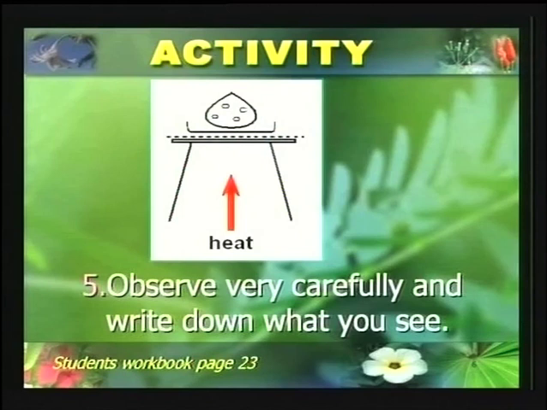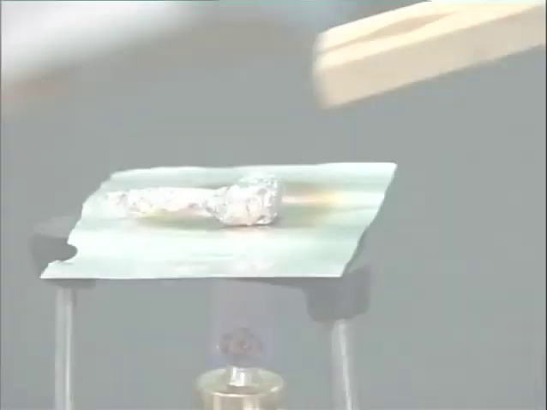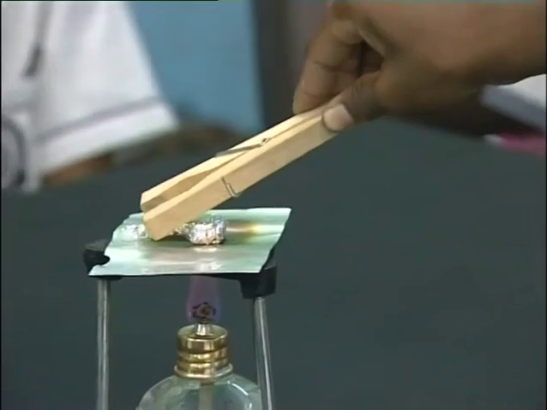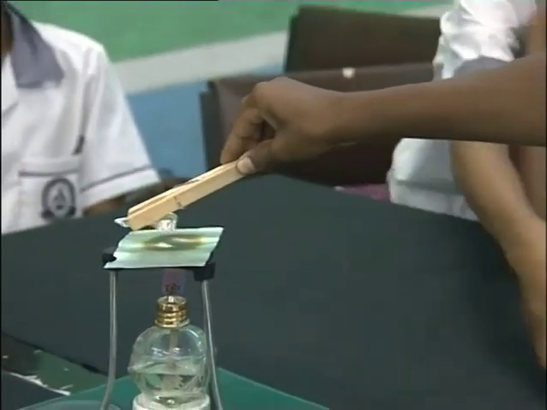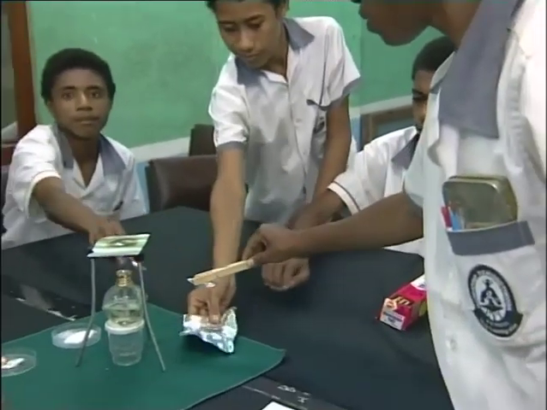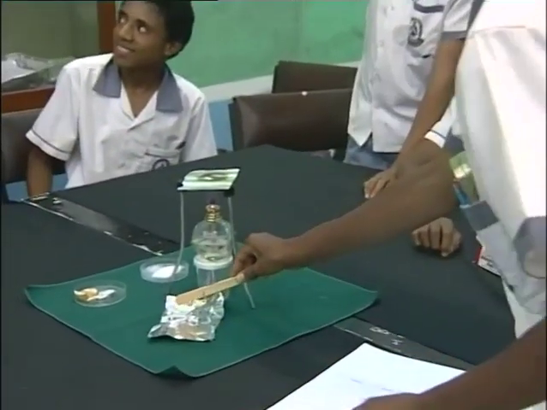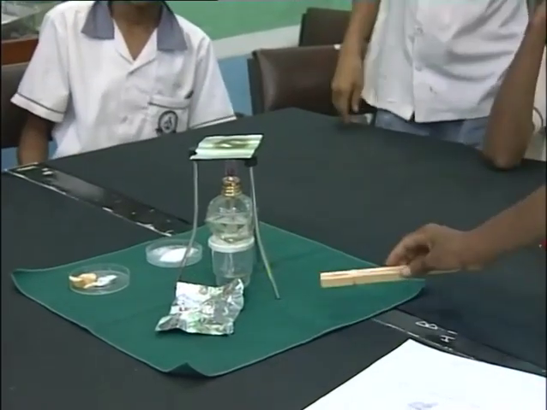All right, now you may remove your wrapped food, unwrap it, and have a look at your food. Once you unwrap it, write your description of what happened to it, what it looks like.